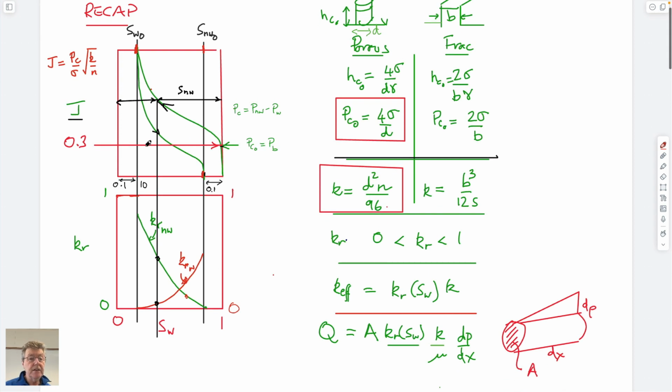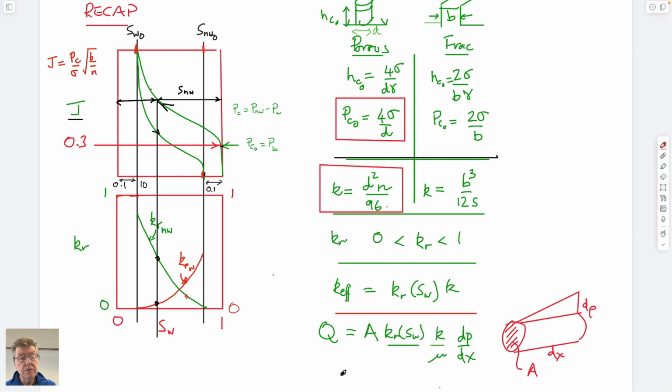We can define these irreducible saturations of water, the water we can't get out, and the non-wetting fluid we can't get out, and those give us no-go boundaries in both of these charts. We know that relative permeability is a way of defining the transmission of a non-wetting and a wetting fluid in the subsurface, and these are the curves that allow us to define those things.